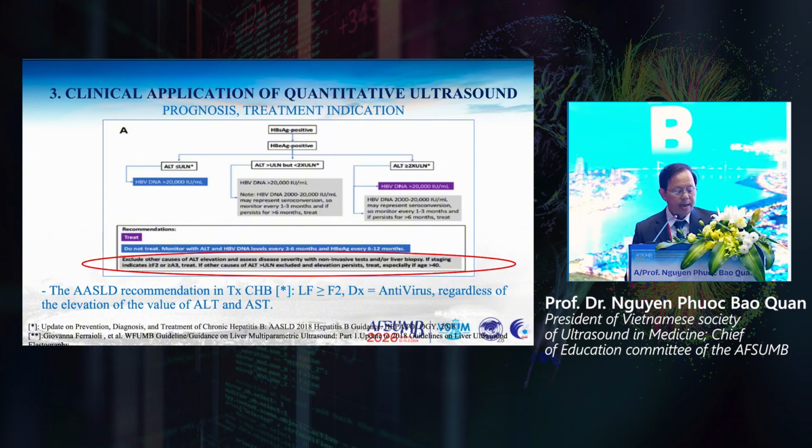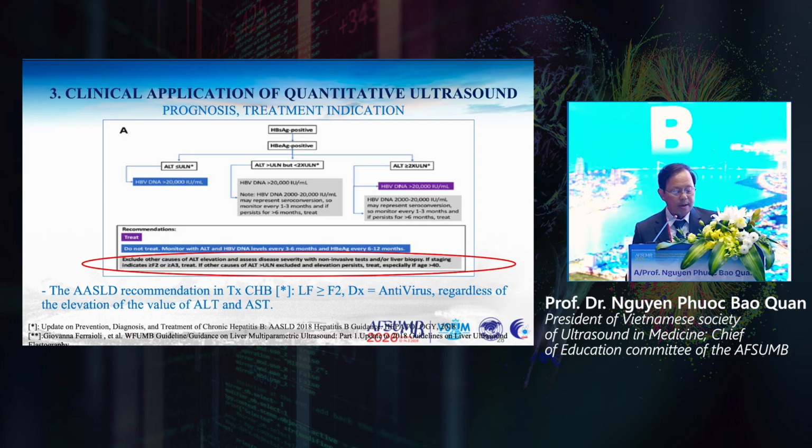According to the AASLD recommendation on the treatment of chronic liver disease, in case of liver fibrosis superior to F2, we can give antiviral treatment to the patient regardless of the level of ALT, AST. Normally, if AST, ALT are more than 2 times the upper limit of normal, we have to treat.